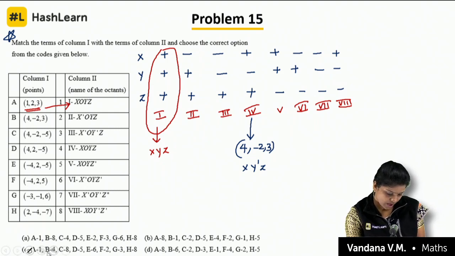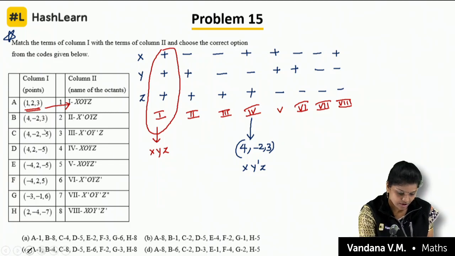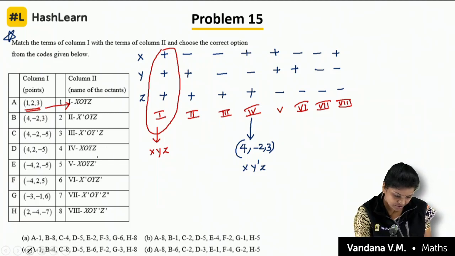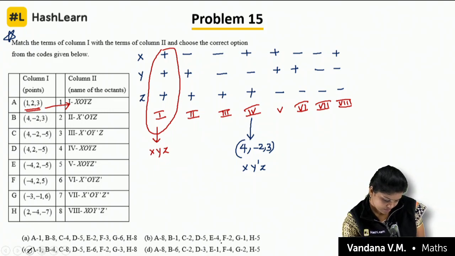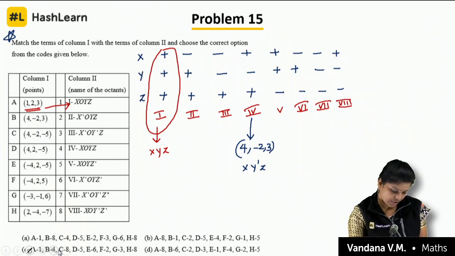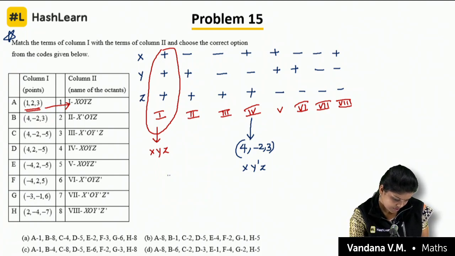Yes, A is 1. B if I write, then I can easily say. So, B, X, Y dash, where is that? B is 4. I am not seeing it, okay. X, O, Y dash. C is 8.